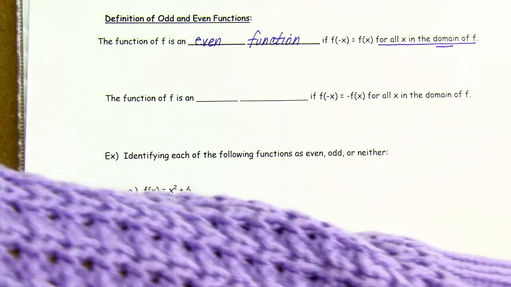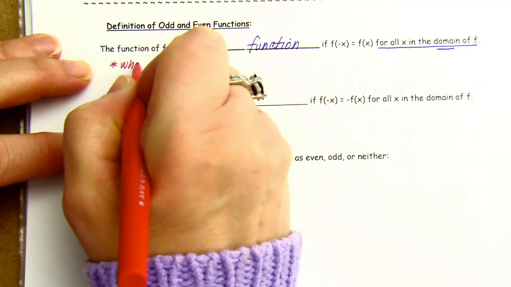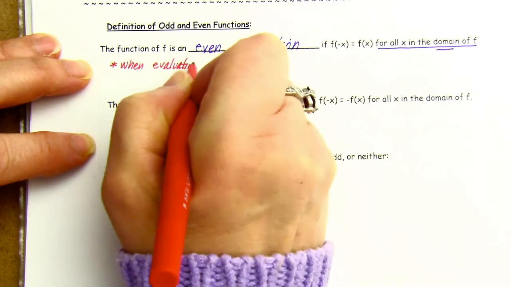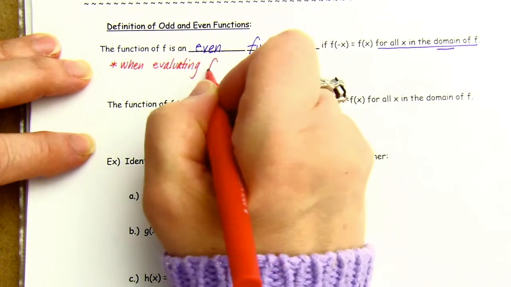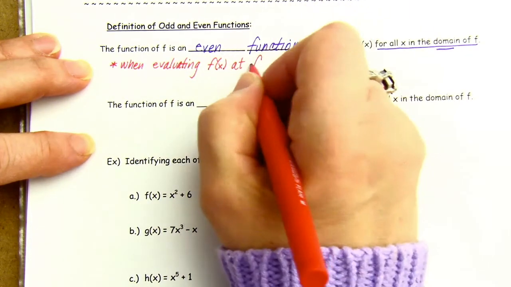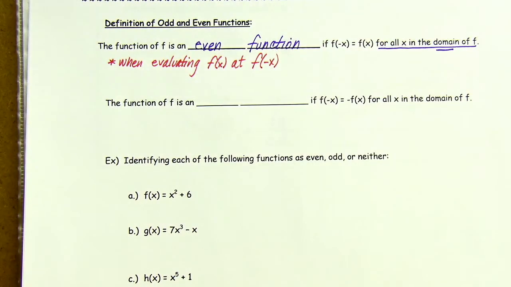All right, so what do we do? When evaluating f of x at f of the opposite of x, we did that. Remember, you had to evaluate f of 2, f of x minus 1, and then f of the opposite of x.